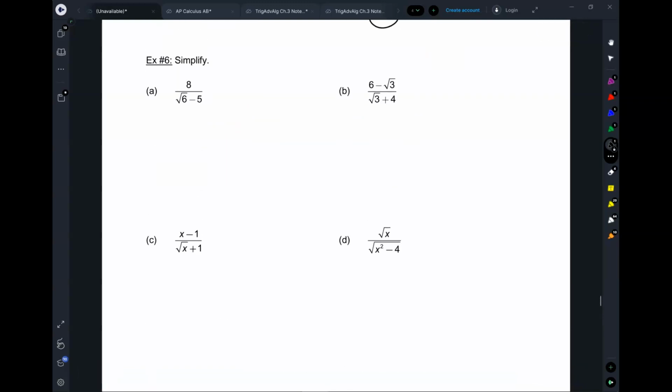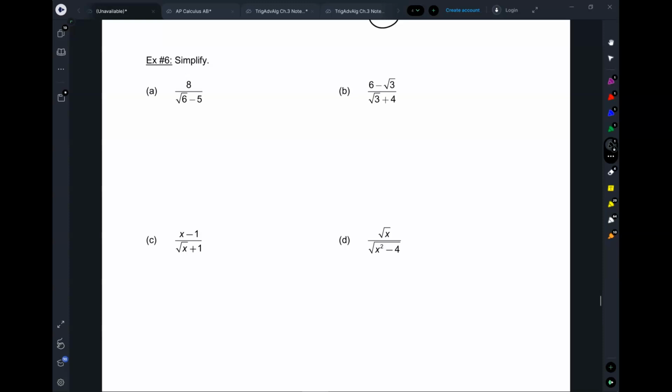Now these are my absolute favorite. Remember how when we were talking about the imaginary numbers, the complex numbers, we said they had conjugates, the complex conjugates? So these also have their conjugates. Here, the issue is we have a root in the denominator, which we're not allowed to have.